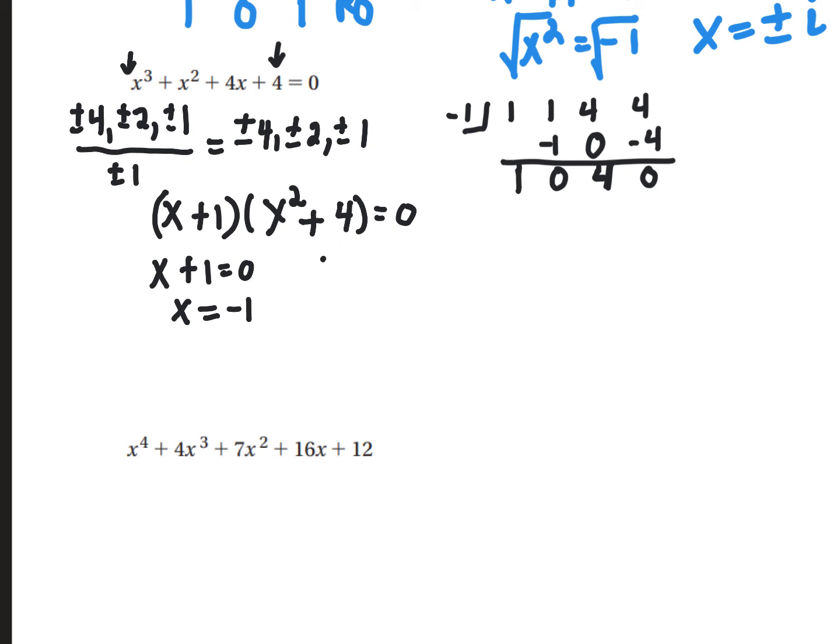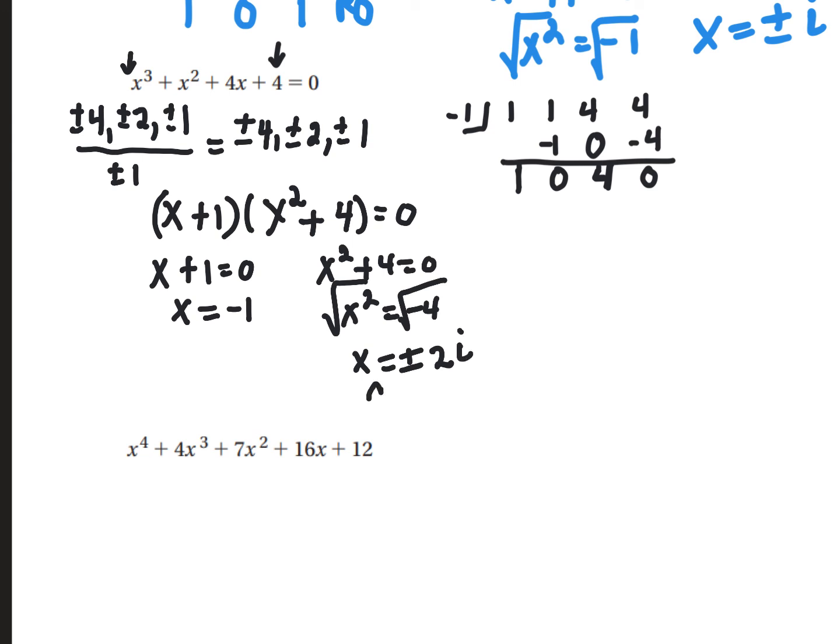That's our first answer. Then x squared plus 4 equals 0. x squared equals negative 4. We're going to subtract 4 from both sides. So we take the square root of both sides. So x is equal to plus or minus 2i, because the square root of 4 is 2, and i.